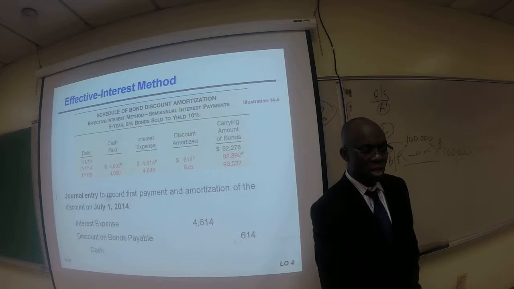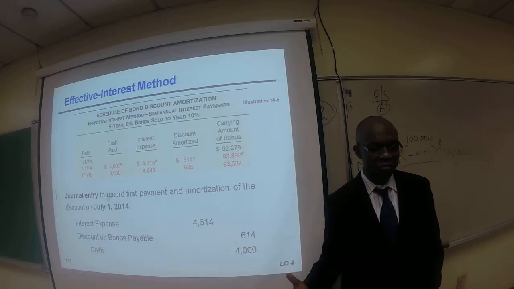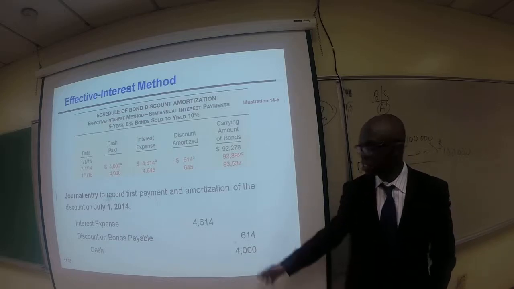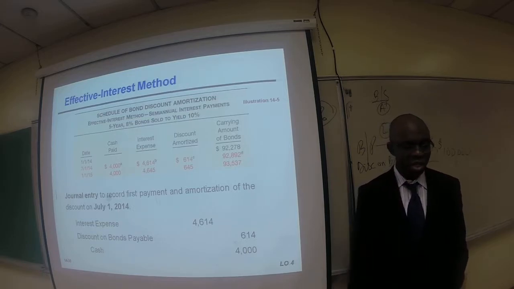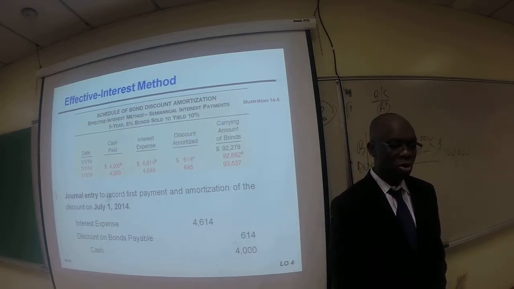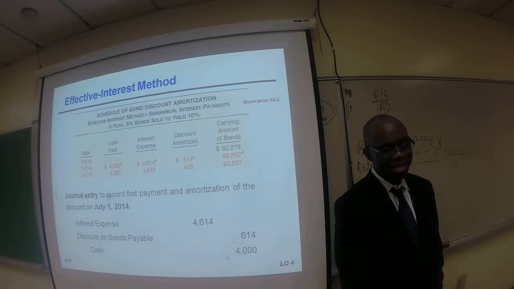Then, the first payment: interest expense is debited for 4,614. The discount on bonds payable went down by crediting discount on bonds payable, so we reduce the discount by that amount, and cash is credited for 4,000. As you can see, the interest expense is higher than the cash payment. Why?